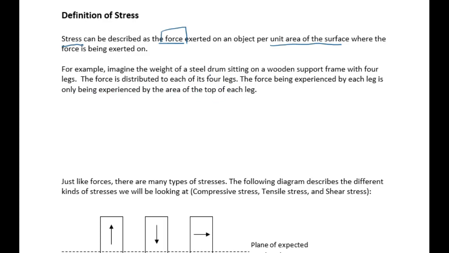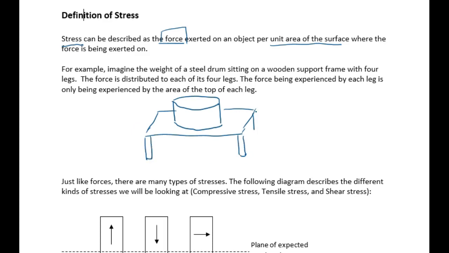So let's visualize what's happening here again. We have a steel drum, and it's sitting on a wooden support. I'm just going to sketch it out. Obviously, it might not be the exact picture. That wooden support has four legs. Say we have a leg here, a leg here, kind of a mini little table, and obviously one under here. So it's being supported by those four legs.